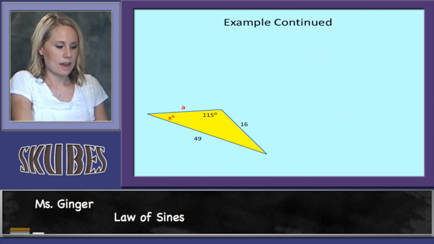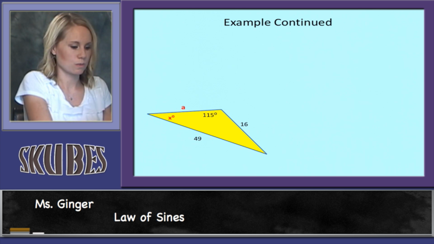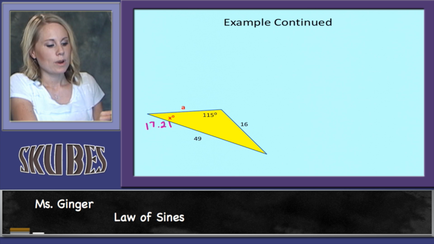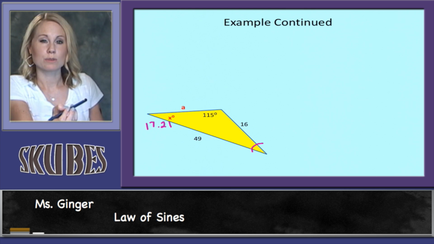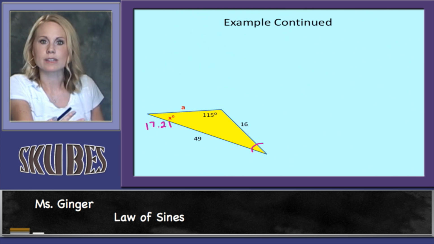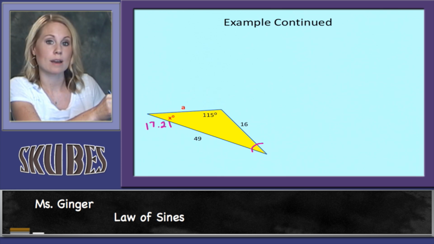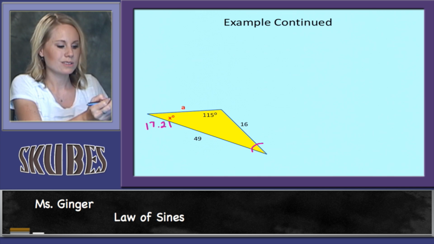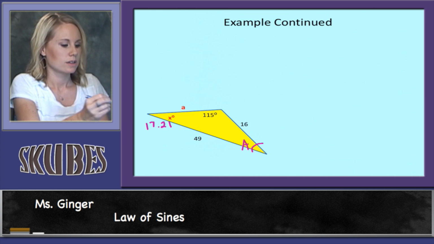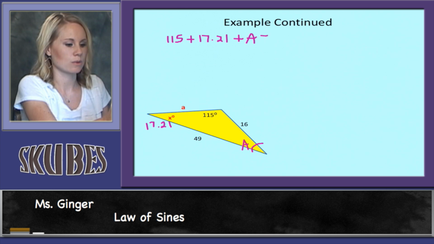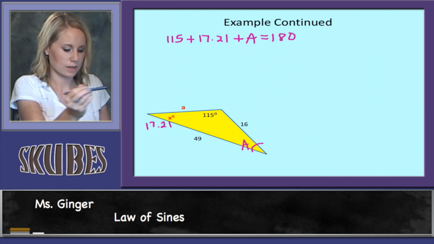Okay, now we have, let's fill that in, 17.21. We already found that. We did good. When you have two angles and you're just missing the third angle, that's a fairly easy thing because I know that the sum of interior angles in a triangle should add up to 180 degrees. So let's go ahead and find that one. So I have 115 plus 17.21 approximately plus angle A equals 180 degrees.